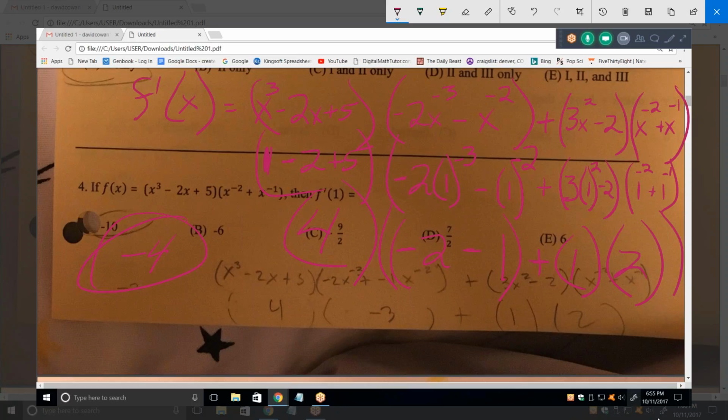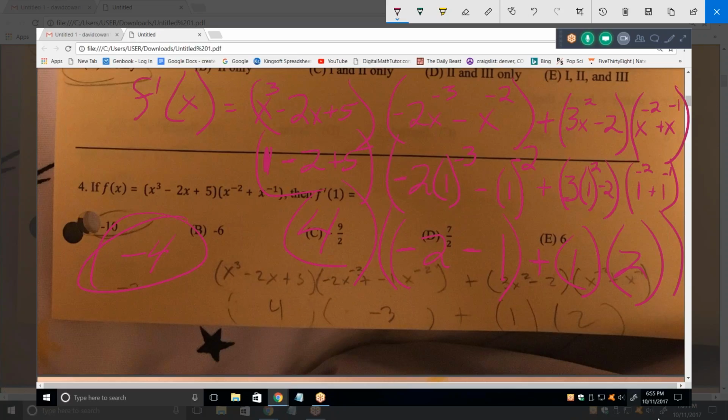It's right here. You subtract 1 from 2, so you get minus 3. Then you multiply minus 3 by 4, and you get minus 12, and then you add 2. And that's why minus 10 is the right answer. Okay, I see.